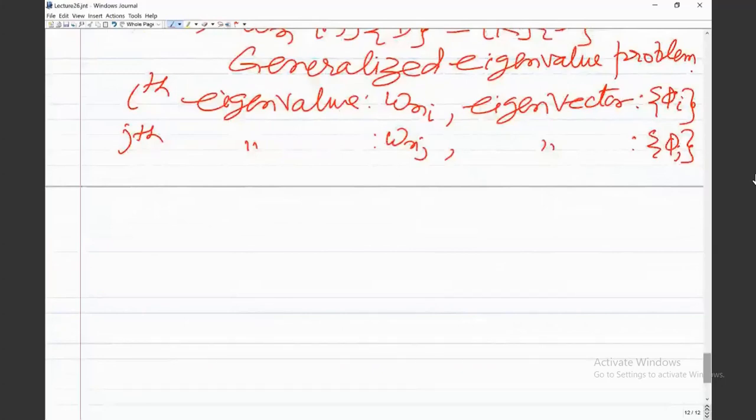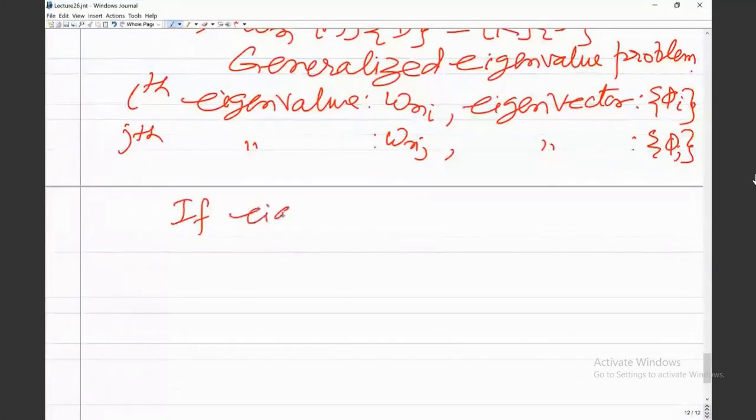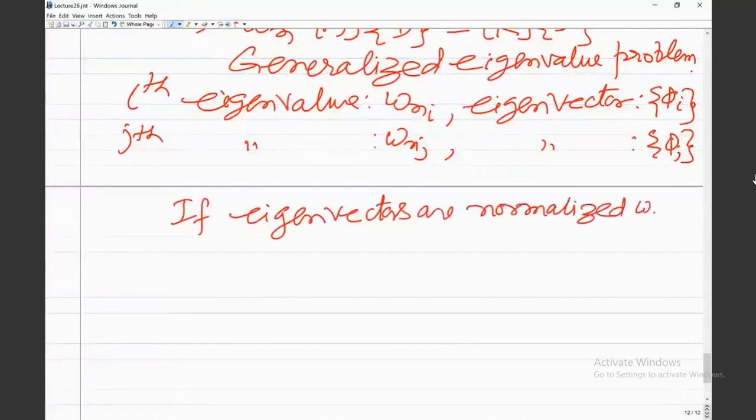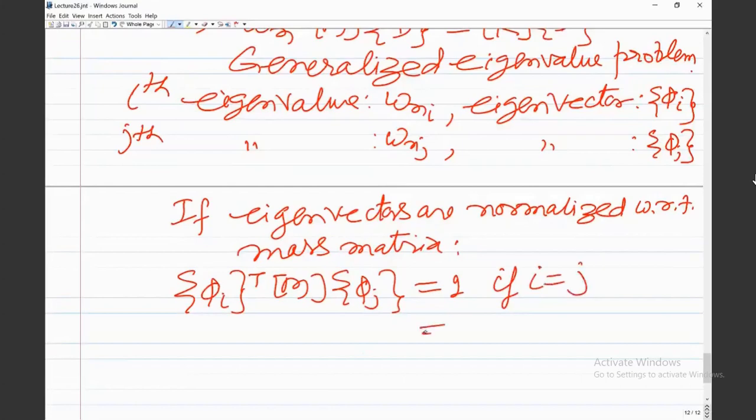If the eigenvectors are normalized with respect to the mass matrix, then we will have phi i transpose m phi j equal to 1 if i equals j, and equal to 0 if i is not equal to j.